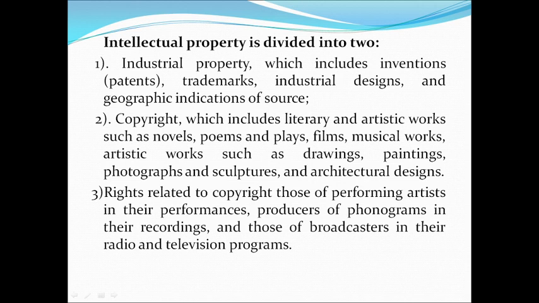All these things come under copyright. The rights related to copyright are those of performing artists in their performances, producers of phonograms in their recordings, and those of broadcasters in their radio and television programs. So intellectual property is going to be in such a manner.